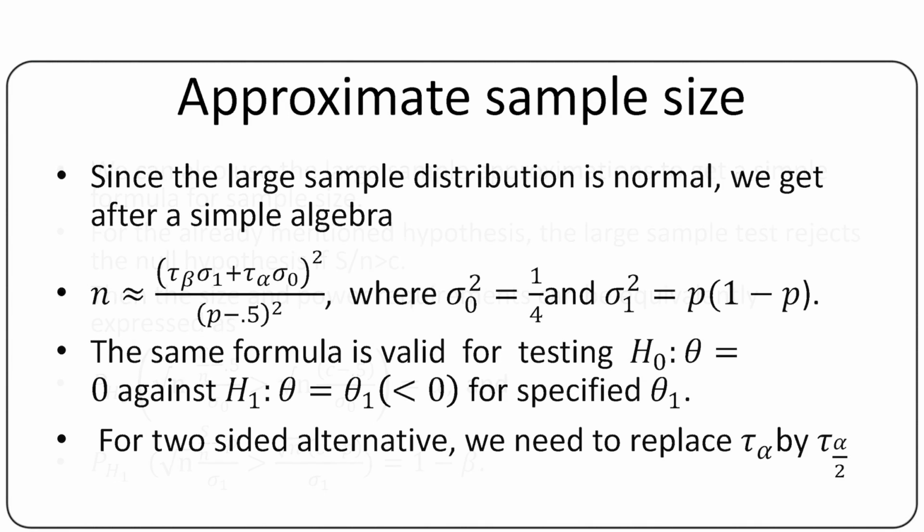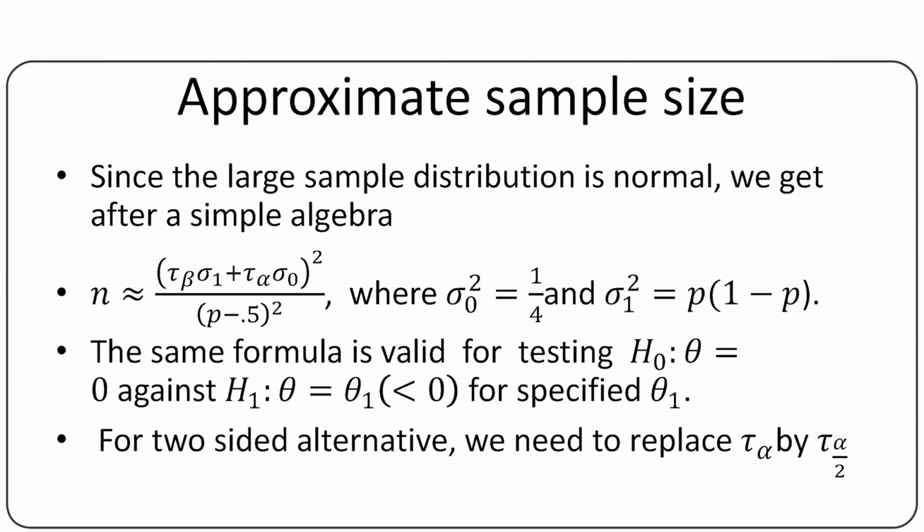Since the large sample distributions are normal, we get the approximate relations C minus 0.5 equal to tau alpha sigma 0 divided by square root of n, and C minus p equal to minus tau beta sigma 1 divided by square root of n.